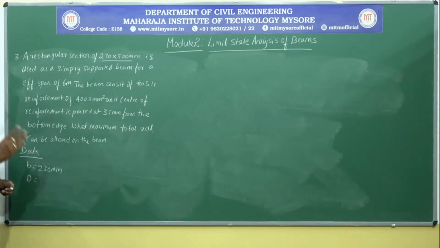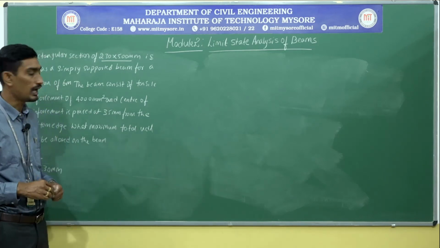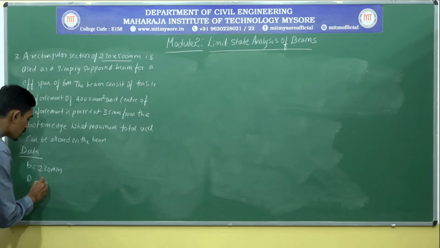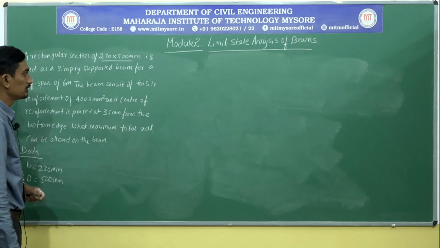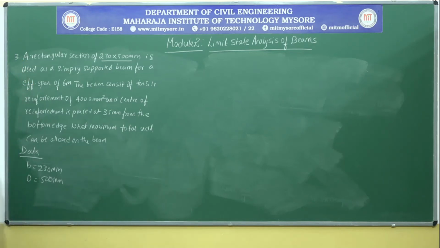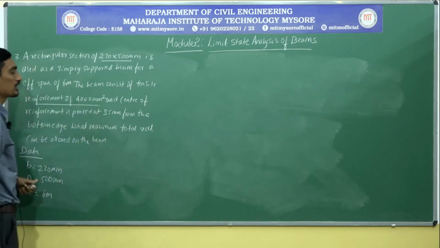Since it is not mentioned, I am going to consider it as an overall depth of 500 millimeter. Next, effective span LE is 6 meter.